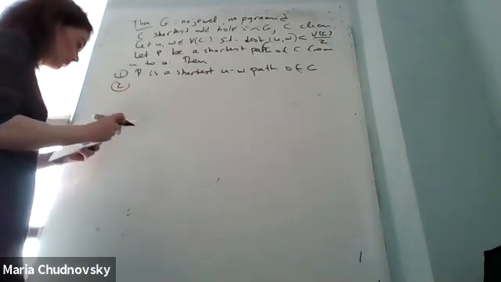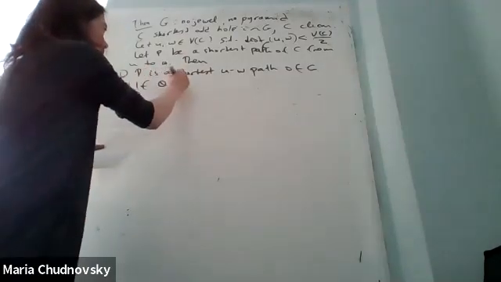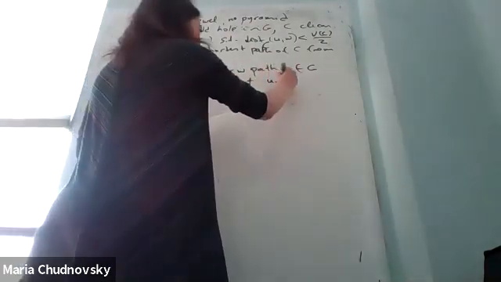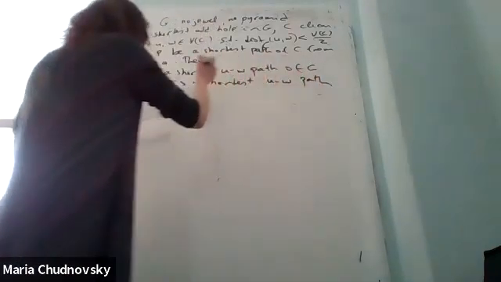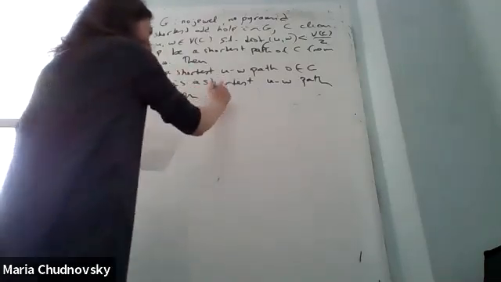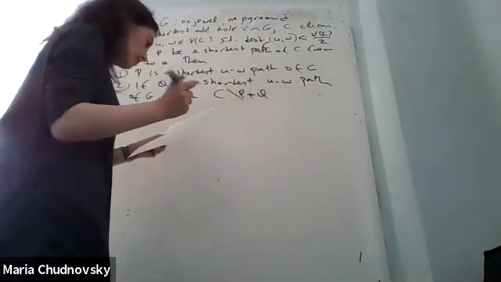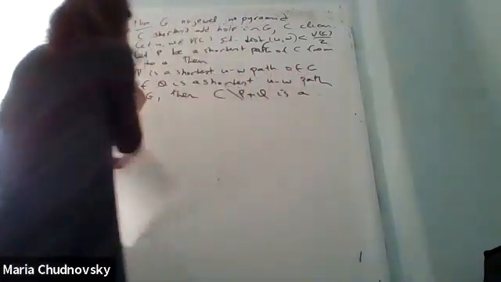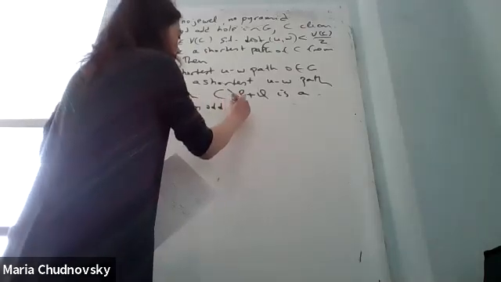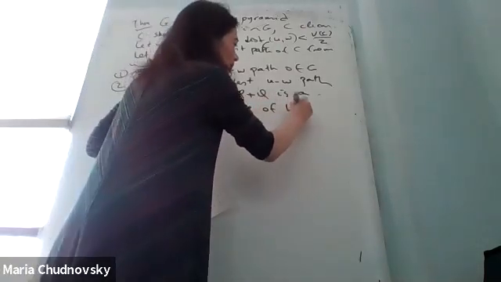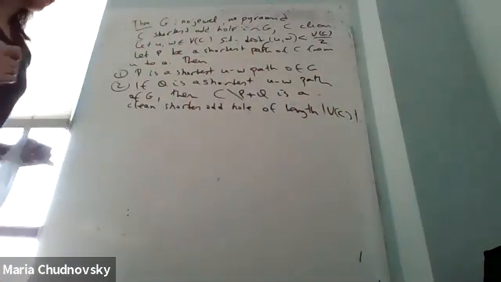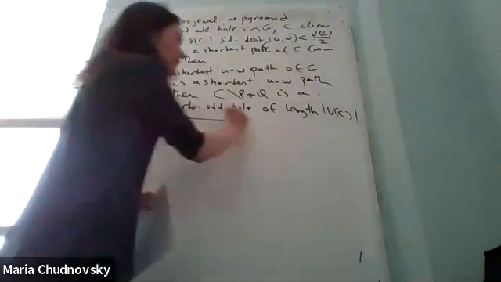And two, if Q is a shortest UW path of G, then C minus P plus Q is a clean shortest odd hole of the same length as C. So this is the theorem.